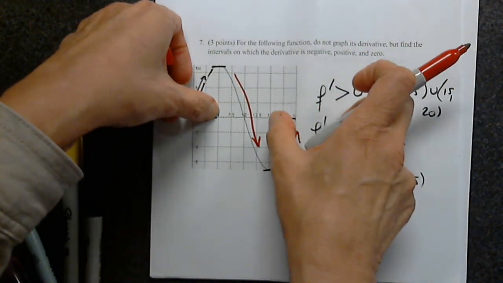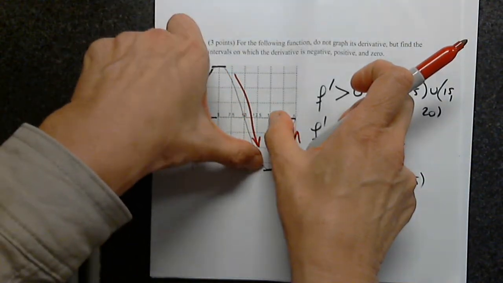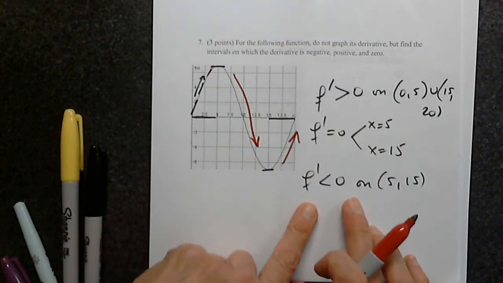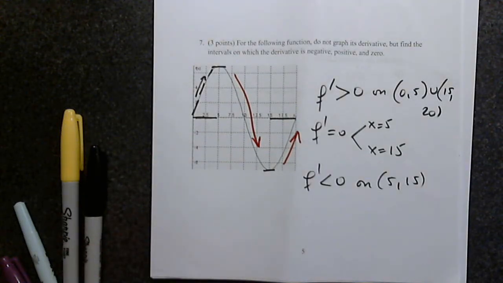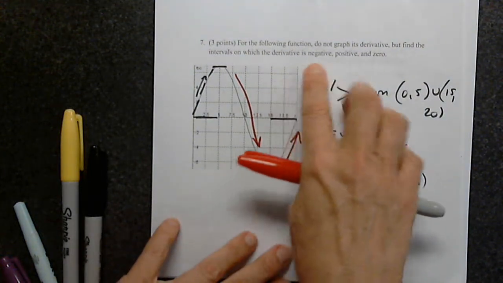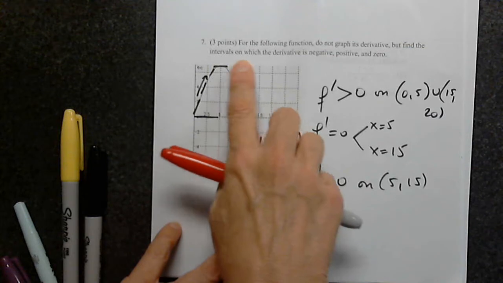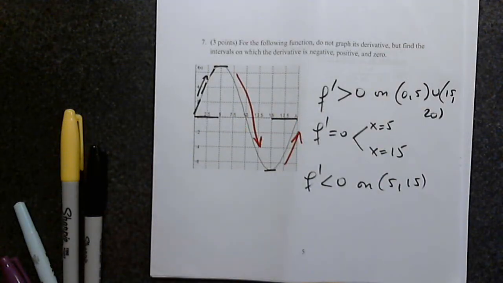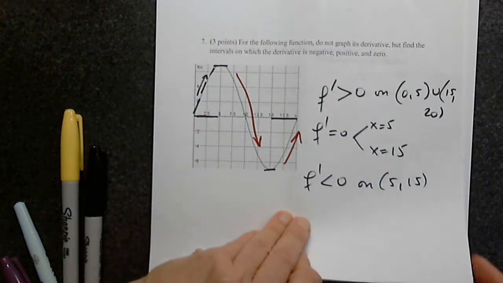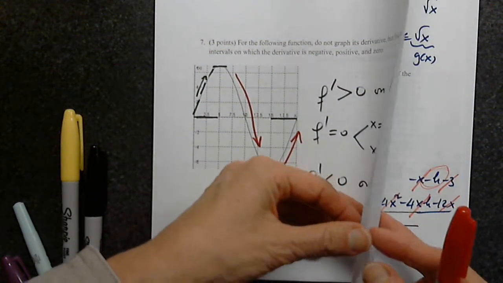Between 5 and 15, the function is decreasing, therefore its derivative will be less than 0. I was reading those as coordinates. It's the domain. We're talking about x. Find the intervals on which the derivative is negative, not from which value to which value. Very good. Any questions?